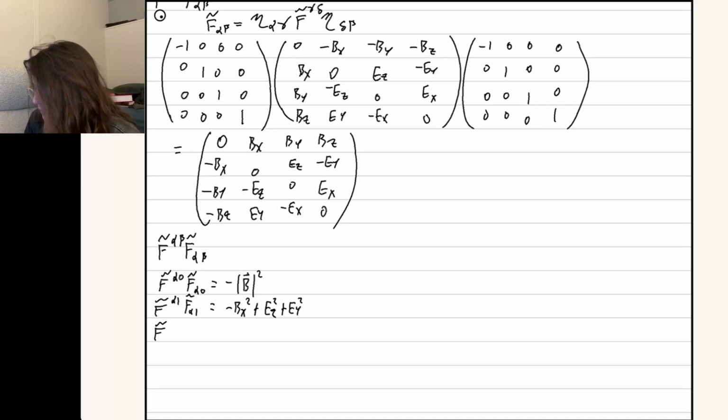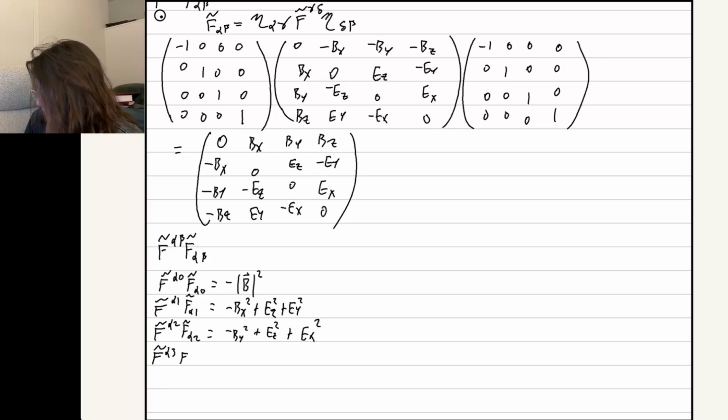And then for α2 we got minus By squared, plus Ez squared, and plus Ex squared.